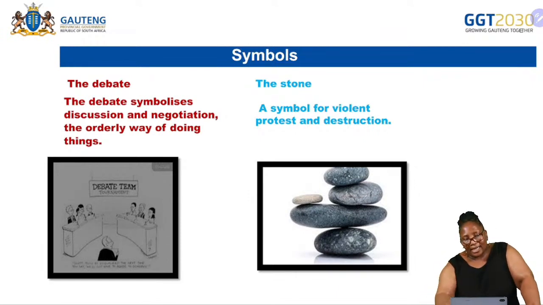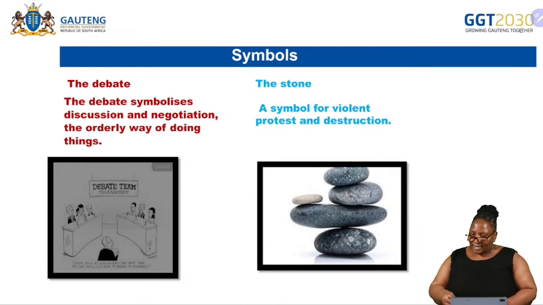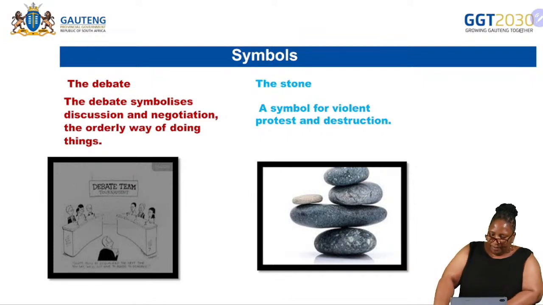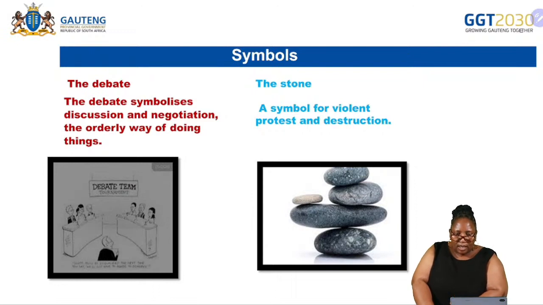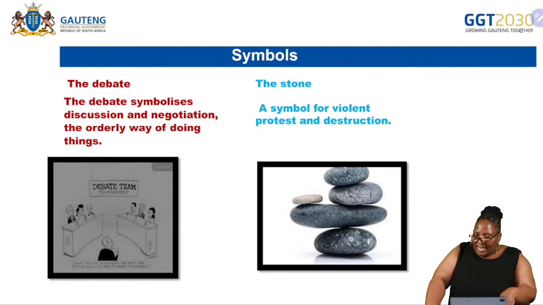What do they symbolize? The stones are a symbol for violent protest and destruction. If we cannot get our way, if the government is not listening to us, we do not have agency.